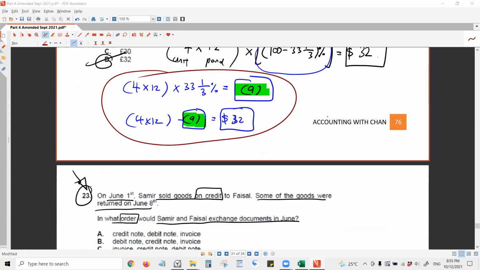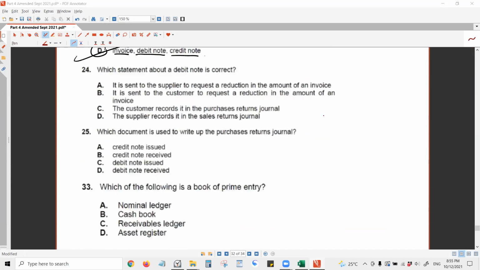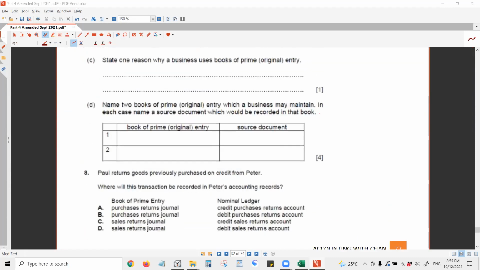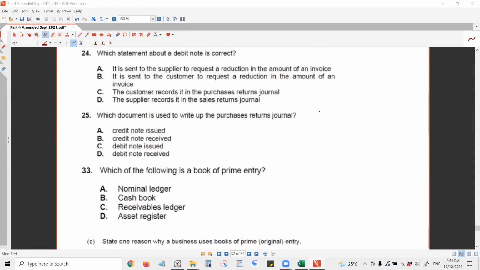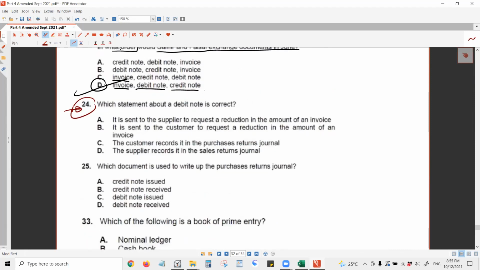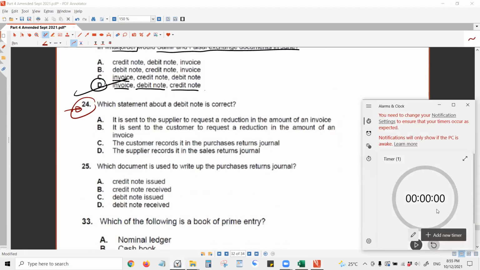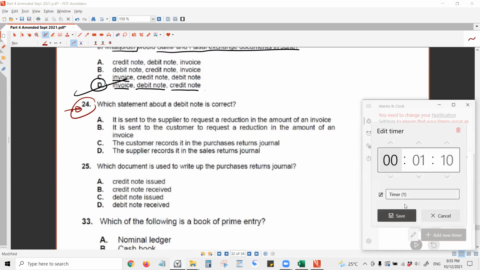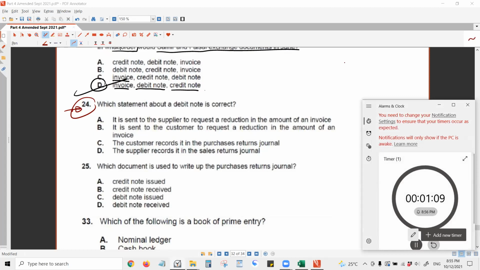Now we see the next question. Okay, go to the next page. Now you try for me. Question 24. This one is easy. I give you just 1 minute. Okay, wait for your answer.